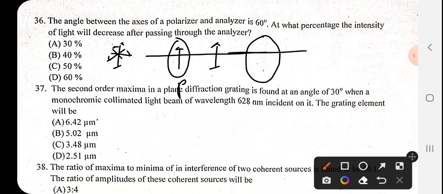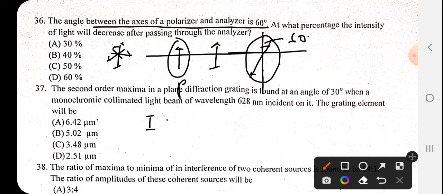This is the analyzer, this is the transmission axis and this is the angle the light makes, called the angle theta. The question says the angle between the axis of the polarizer and analyzer is 60 degree, so here this angle is 60 degree.